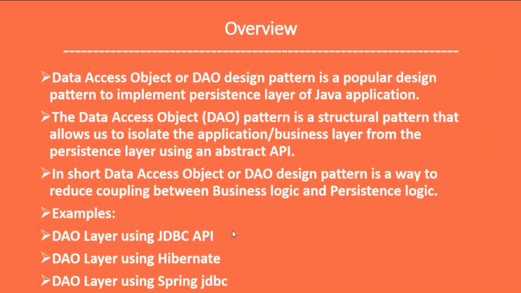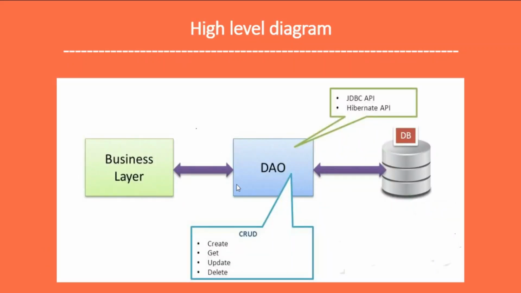We are going to implement CRUD database operations using the JDBC API. Look at the high level diagram: this is the business layer, this is the DAO layer, and this is the database.